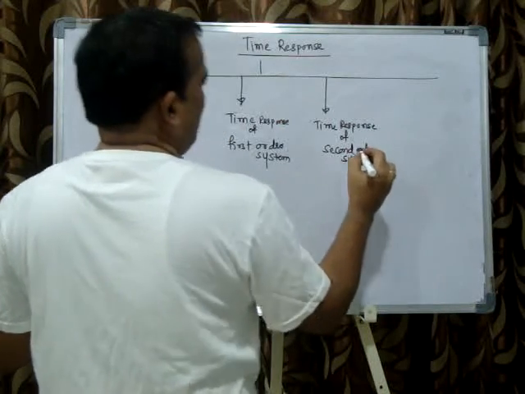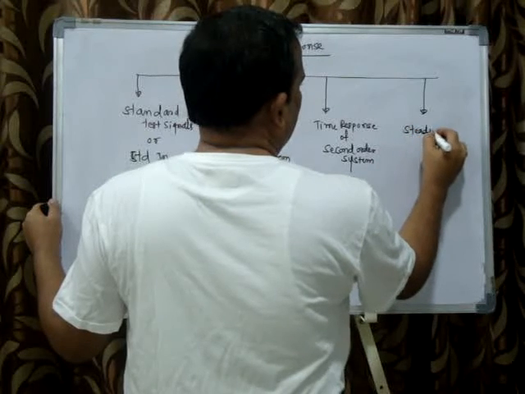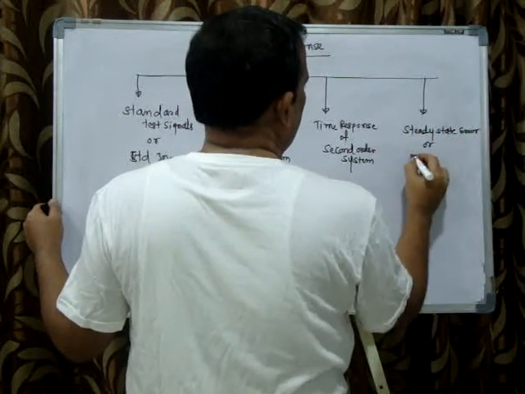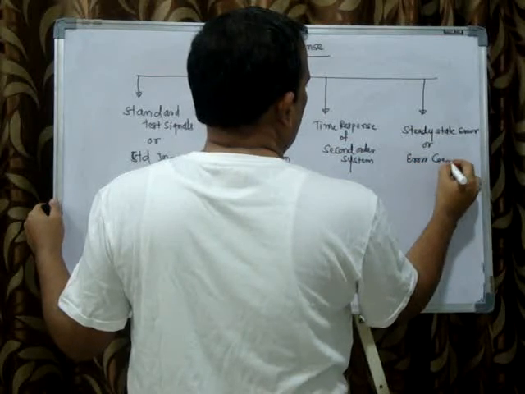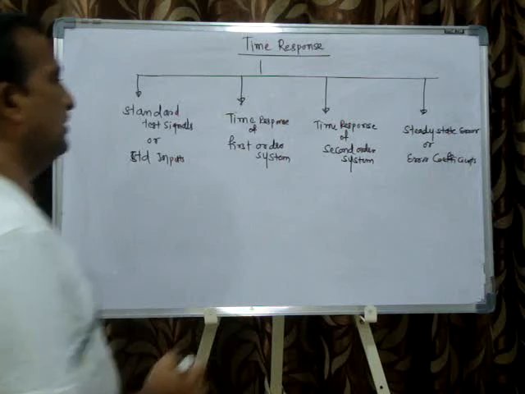And the fourth one is called steady state error or error coefficients. Steady state error or error coefficient.